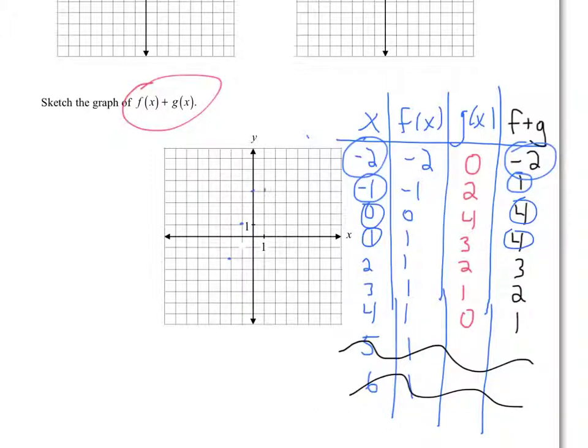And then we're going to 2, 3. And 3, 2. And finally, we're ending at 4, 1.